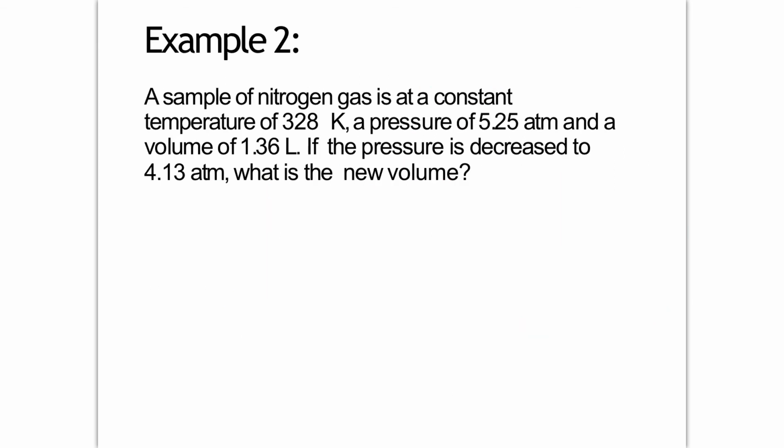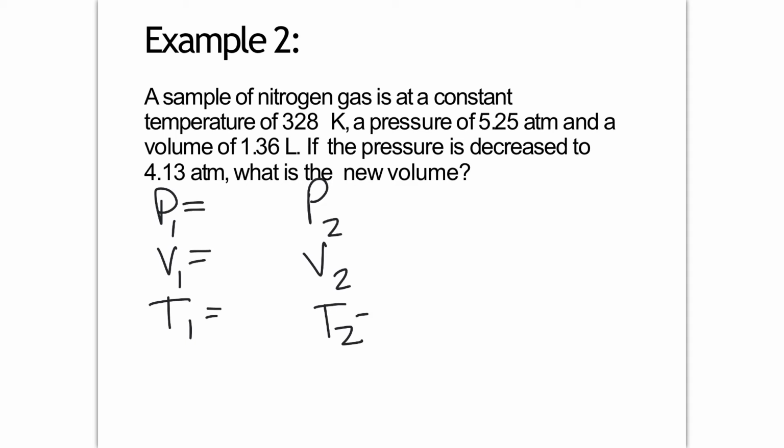Here's our second example, and it's a little bit different, but let's quickly set up our variables. So it's P1, V1, T1, P2, V2, and T2, and we say equals for each. Now we're going to put in our variables where they need to go.